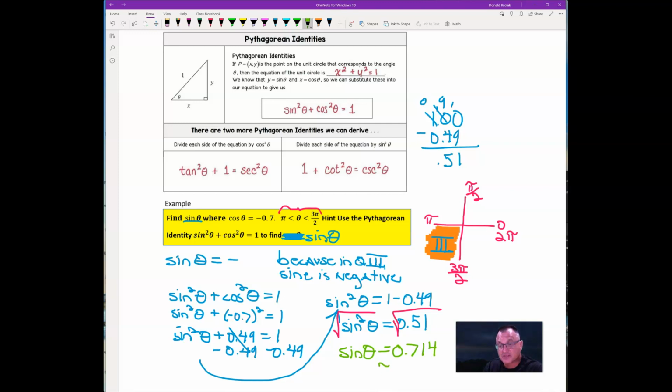So that's approximately 0.71. Now, when I put it over here, it's going to be negative, and there's my solution, because in the third quadrant, sine is negative.